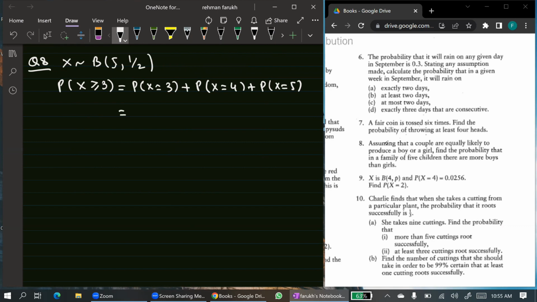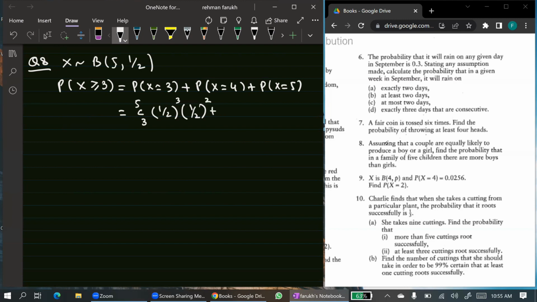Now we will find the probability of x is equal to 3. 5C3, n is 5, 5C3. There are 3 successes. The probability of success is 1 by 2, and the probability of failure is 1 minus 1 by 2, again 1 by 2, power 2.